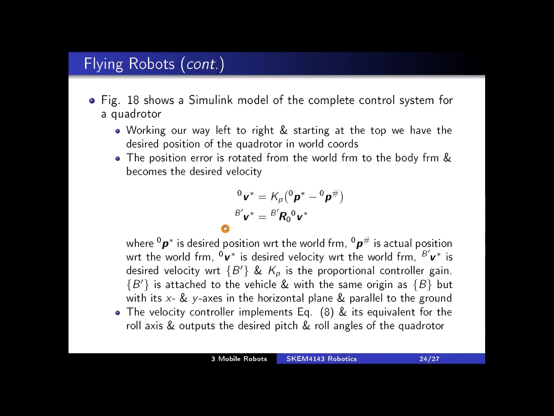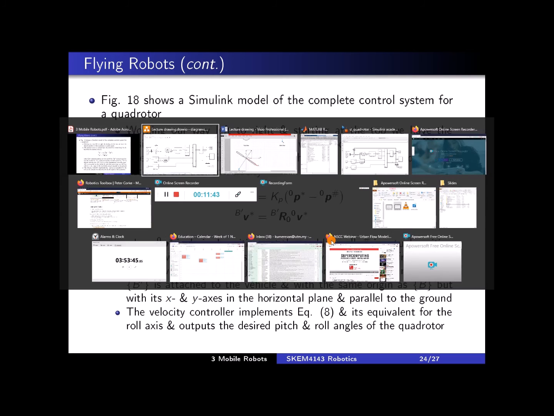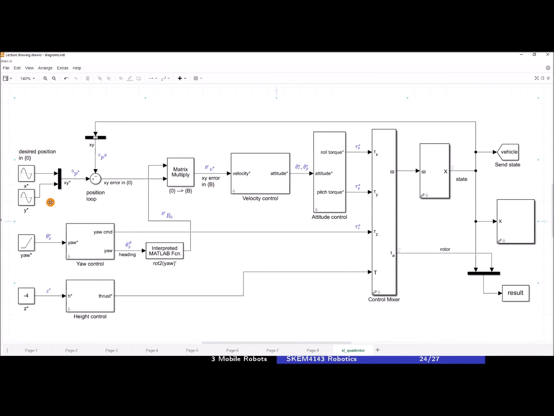So what is this? V star b prime is the desired velocity with respect to b prime. Kp is the proportional control gain. However, if you look at the model, like I said earlier, this is our position controller, but you cannot see Kp here. So that shows the Kp that they have implemented is probably 1.